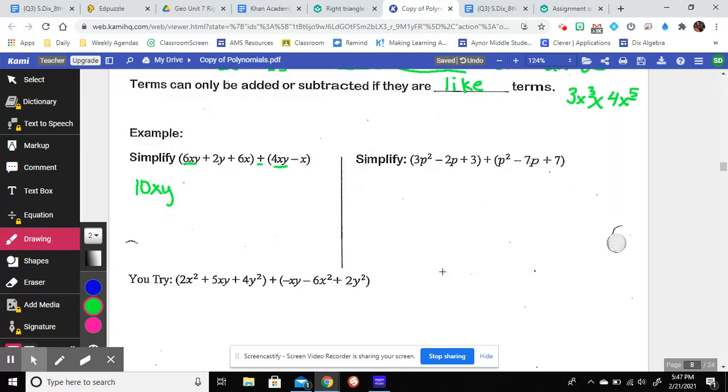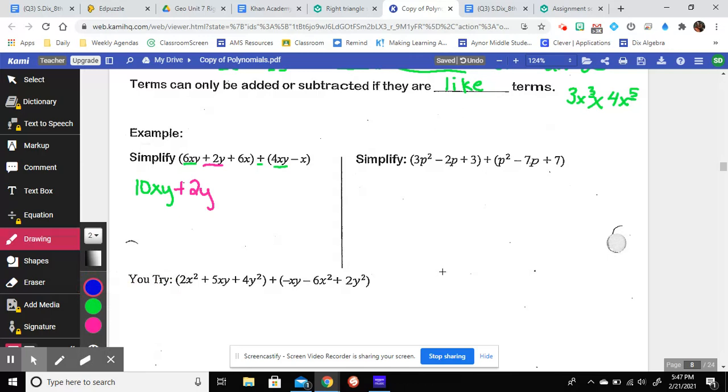It's kind of like I have 6 apples over here, 4 apples over here. I put them together, that's 10 apples. What you call it does not change. The xy does not change, but the number in front changes. And I'm going to switch colors. We have a 2y here. It's got a plus sign in front of it. There are no other y terms here, so we just write plus 2y because there's nothing I can combine it with.